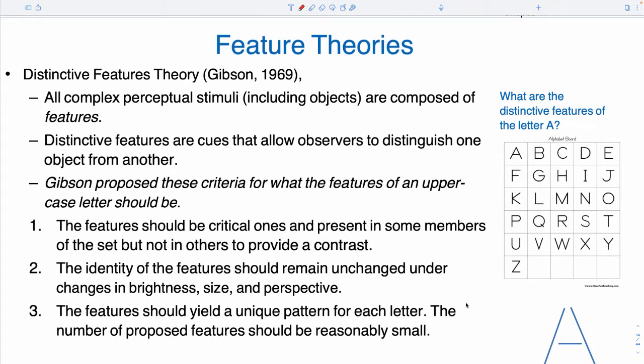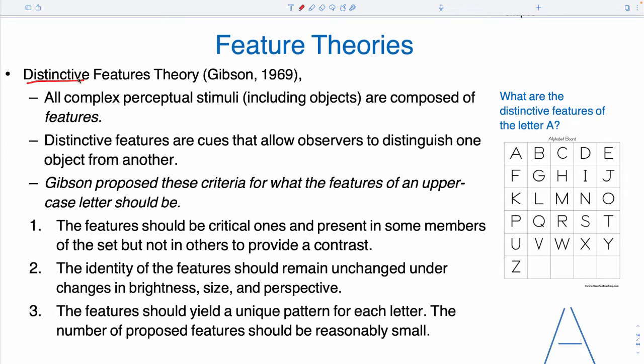A very handy theory is called distinctive features theory, and this one emphasizes that some features are more important in helping us recognize an object than others, and that when an object is distinctive in some way, it's very helpful in helping us recognize it and know what it is.